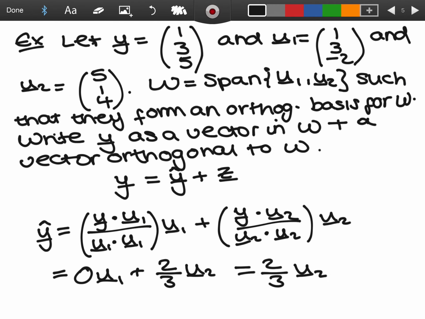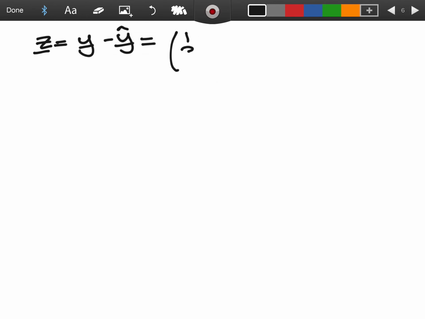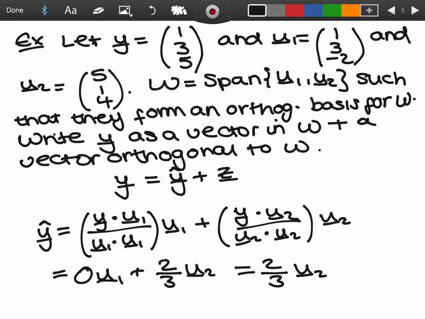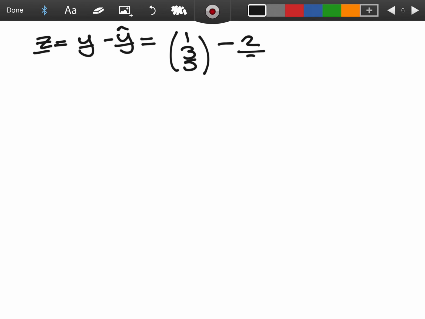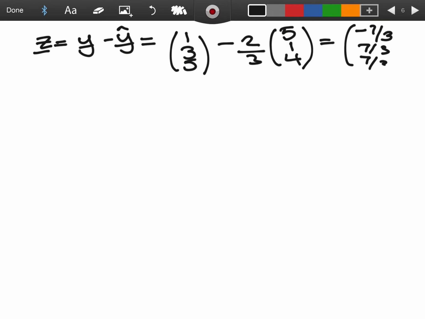So when you do that, y is 1, 3, 5 minus y hat, which we looked at was 2 over 3 times u2, so it's 2 over 3 times 5, 1, 4. If you work that out, what you should get is negative 7 over 3, 7 over 3, and 7 over 3. So go back and check your answer and see what this means for us.